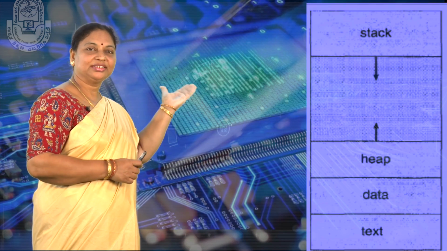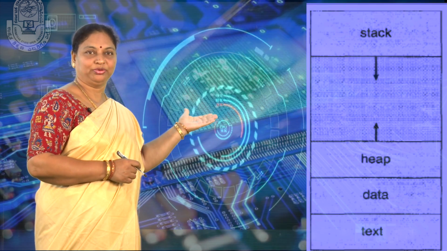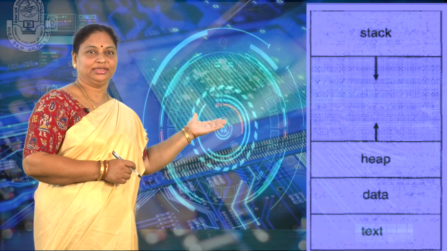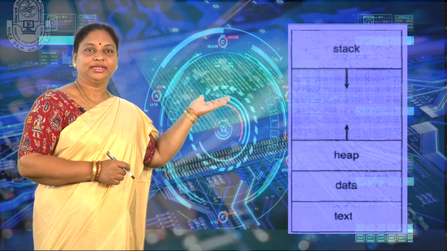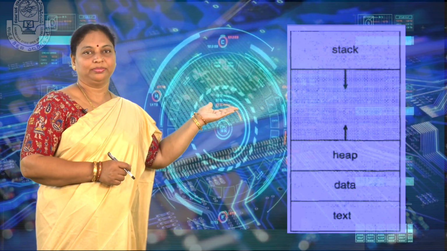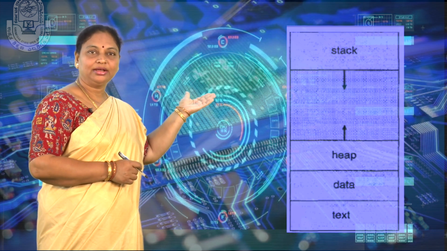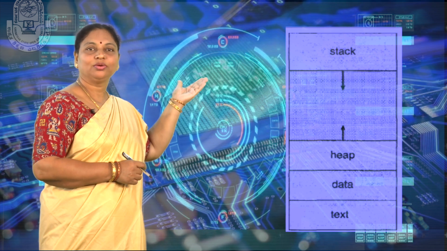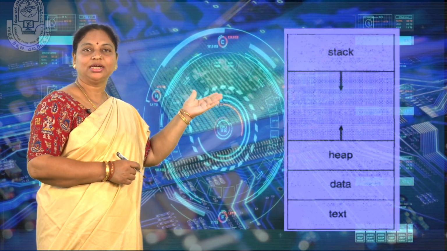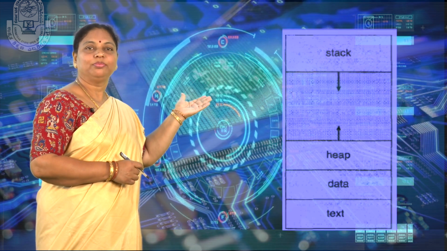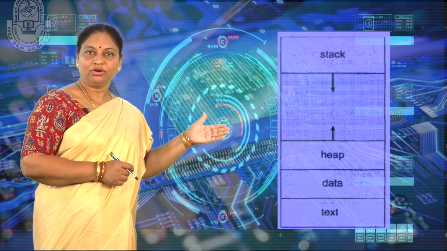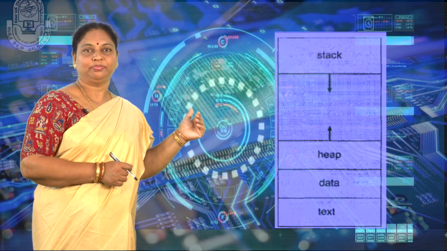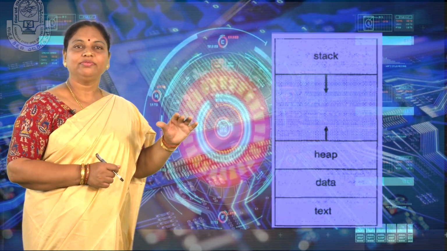In the figure, you can see the structure of a process in memory. Initially it has the text area, which holds the program code. Then the data area represents the global variables referred to by both the main program and the functions involved in the execution of that program. Then we have the heap.